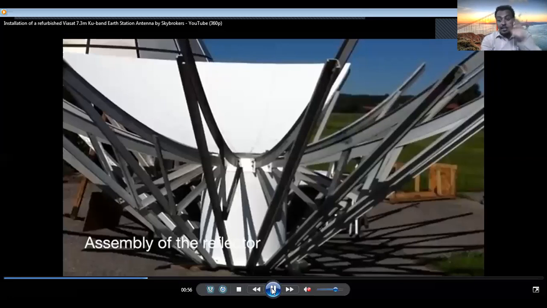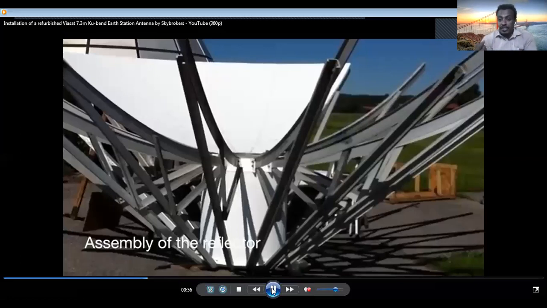The antenna must be positioned properly toward the satellite. As we have discussed, satellites are rotating around the Earth. So there must be synchronization between the Earth station antenna and the antenna on the space segment. Okay, so there must be tracking equipment on the ground.